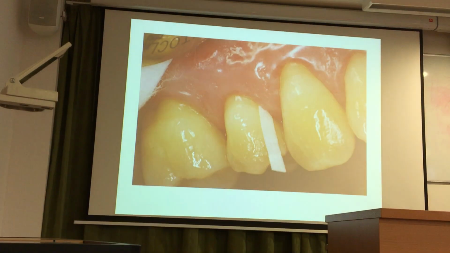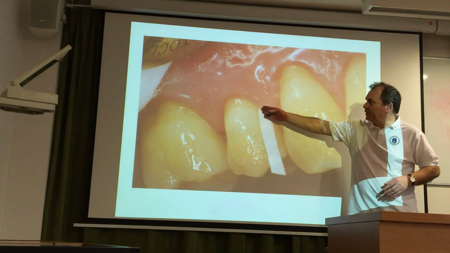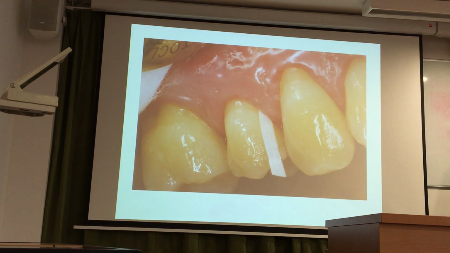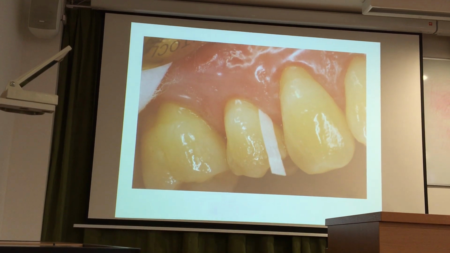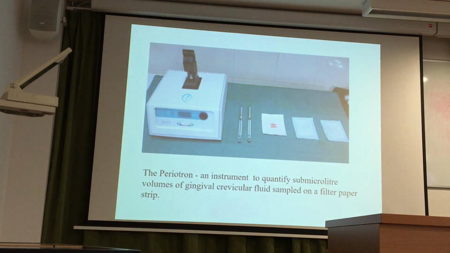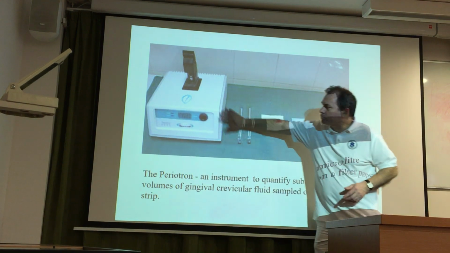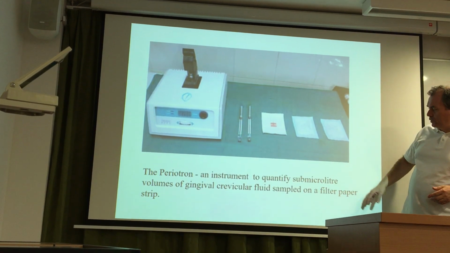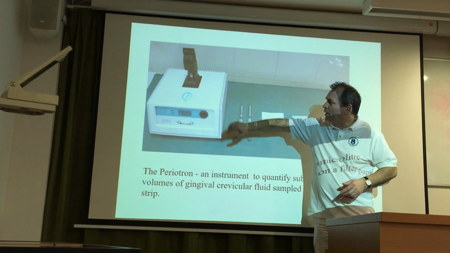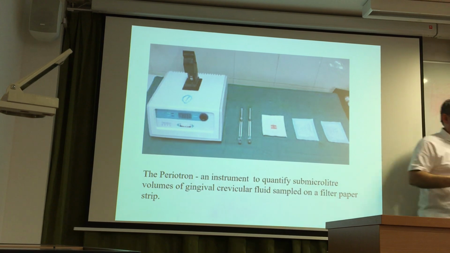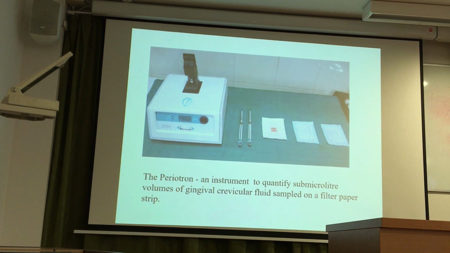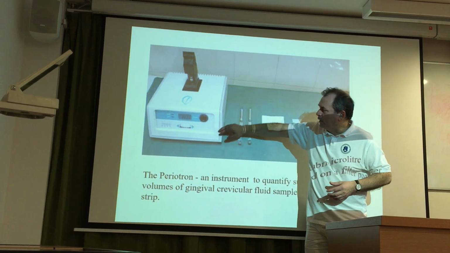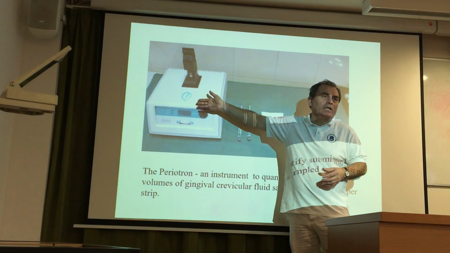The paper points are inserted into the sulcus, and after removal you can see to what extent the paper point is wet by the fluid, and you can measure it, or even with a special instrument, you can measure the electrical current change of the material, because when the paper point is infiltrated with a lot of fluid, the electrical current measurement is higher in this instrument.